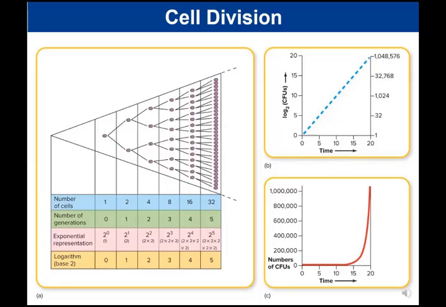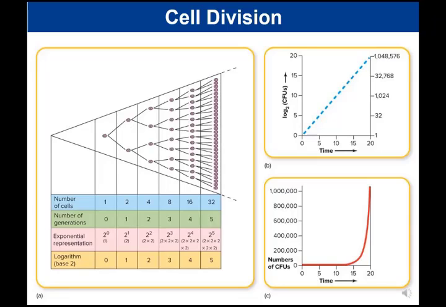After 2 generations, we're going to have 4 cells, so 2 to the second power, 4. 3 generations, it's going to go from 4 to 8, 8 to 16, 16 to 32. And so notice that your population is going to grow exponentially. It's going to get bigger and bigger and bigger.